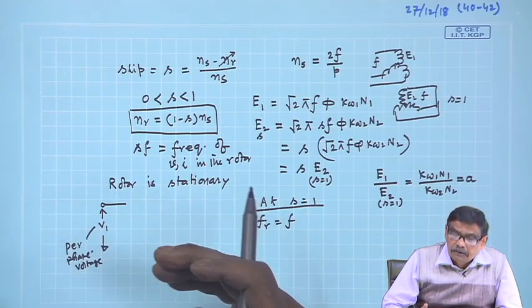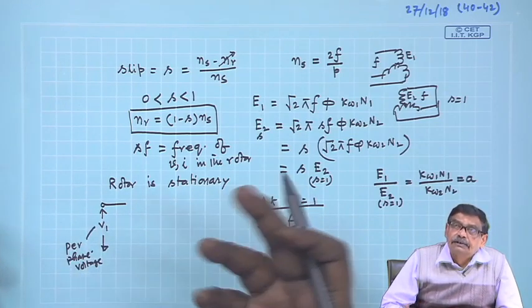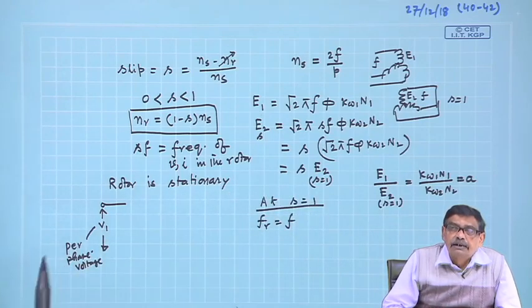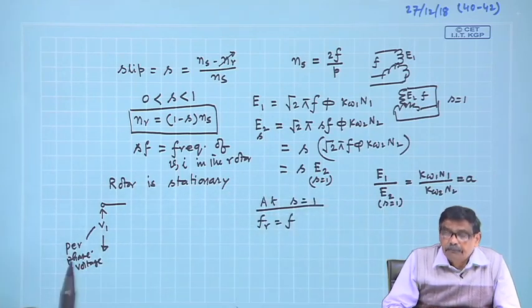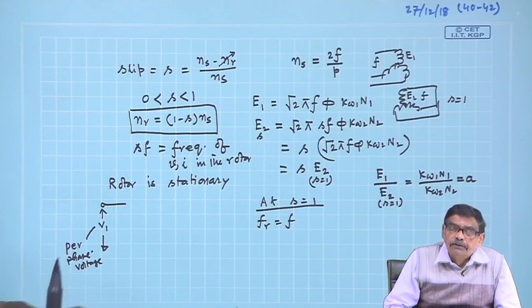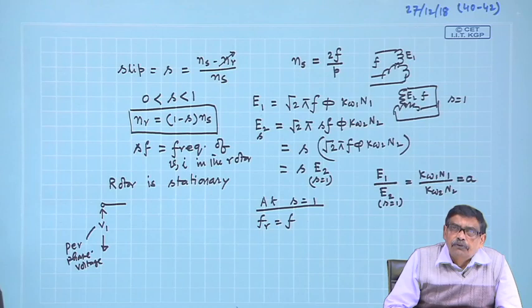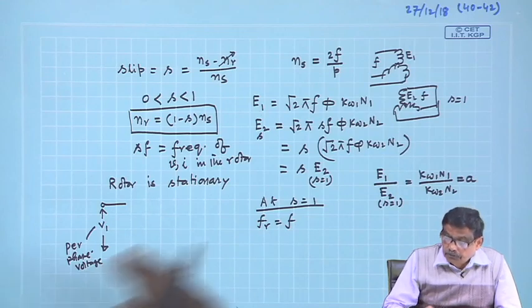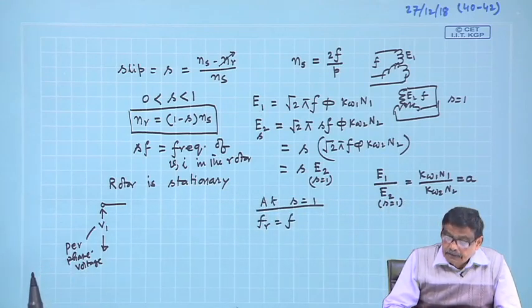If you can maintain that condition s equal to 1, it will never run as a motor, but will behave like a transformer, because a transformer changes one given voltage to another level of voltage without changing the frequency. Frequency remains the same on both primary and secondary.